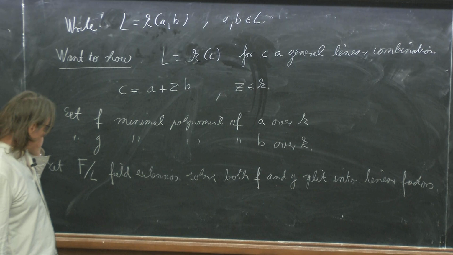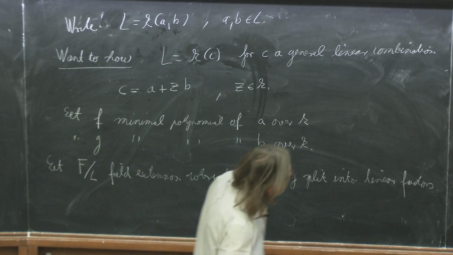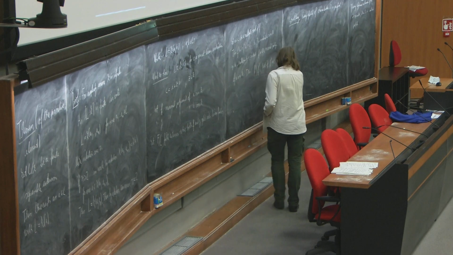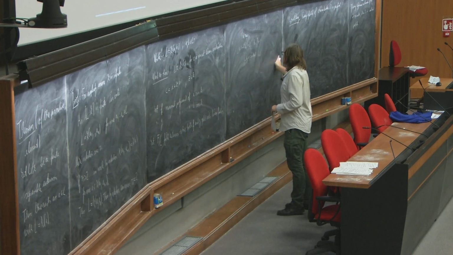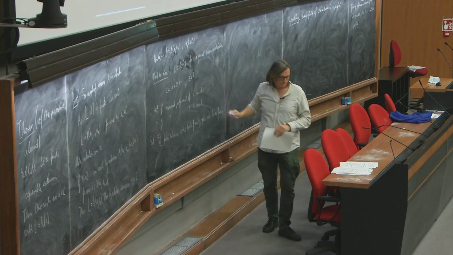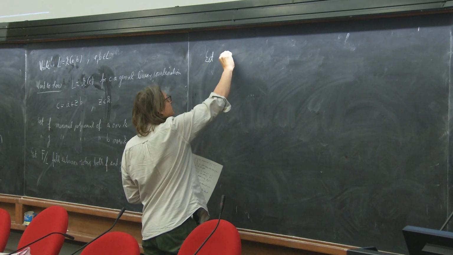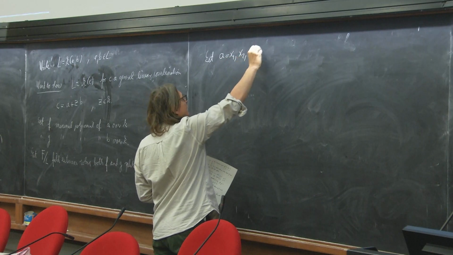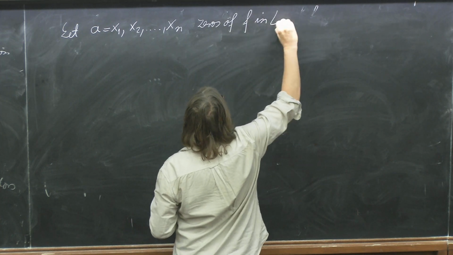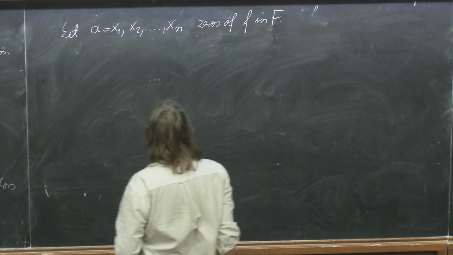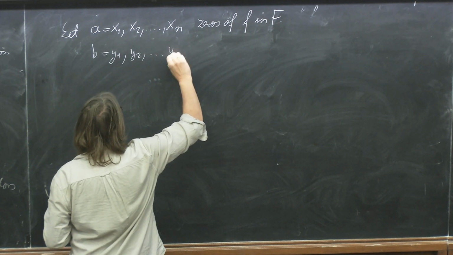So over this big field F, both f and g split into linear factors, and we keep track of what the zeros of these two polynomials are over this big F. So let the zeros of f in the large F be a = x1, x2, up to xn, and the zeros of g be b = y1, up to ym.